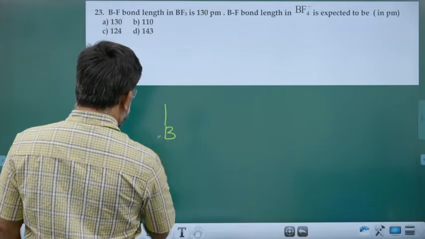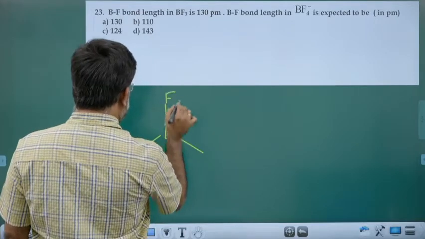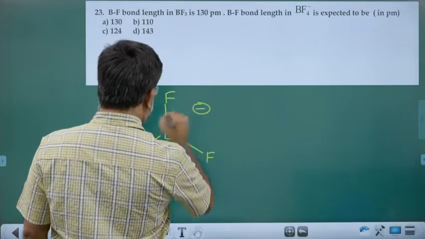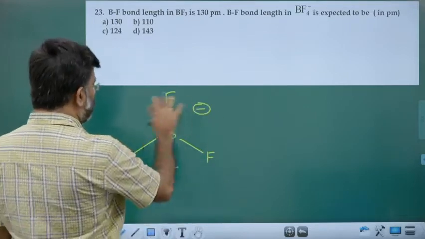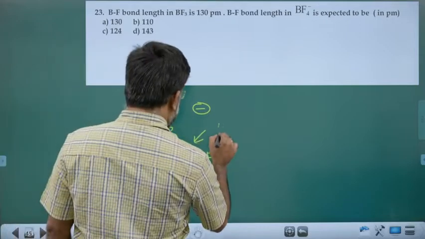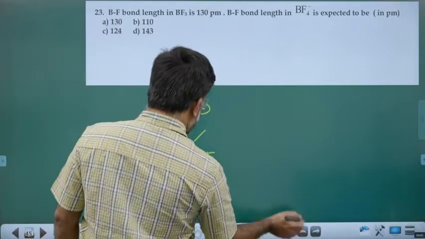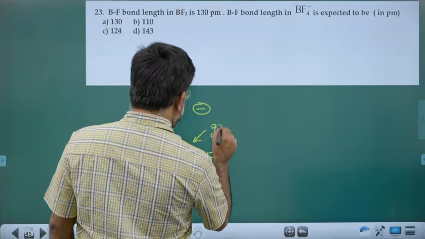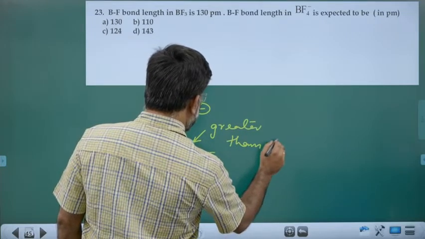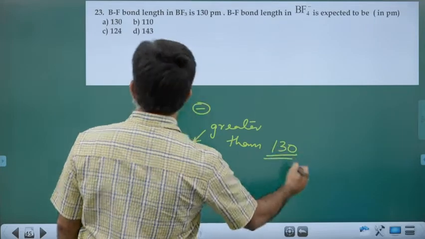It will be more than 130, because now there is no back donation. Now there is no back bonding because boron gets octet. So this bond length is going to be definitely greater than 130.